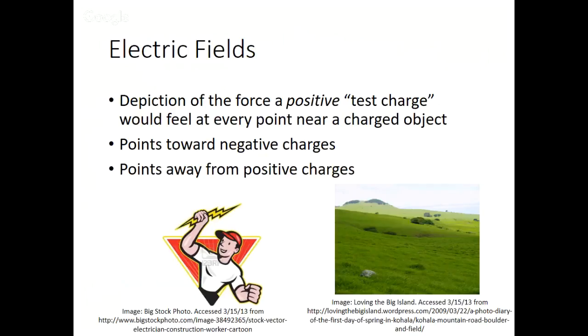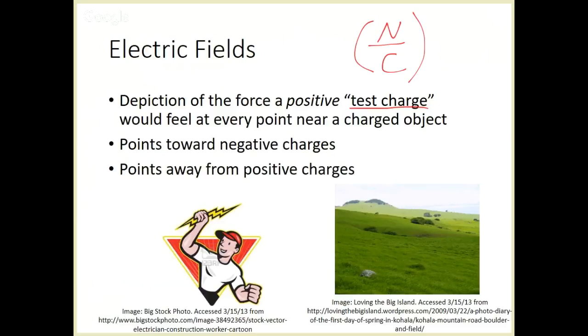Not only that, when we say it's the depiction of the force that a test charge would feel, the actual charge of the test charge does not matter. The units are going to be in newtons per coulomb. So it's essentially how many newtons of force I would feel if I put 1 coulomb of charge at that spot in space. Odds are, if I'm going to put anything in that spot in space, it's going to be some value other than 1 coulomb.